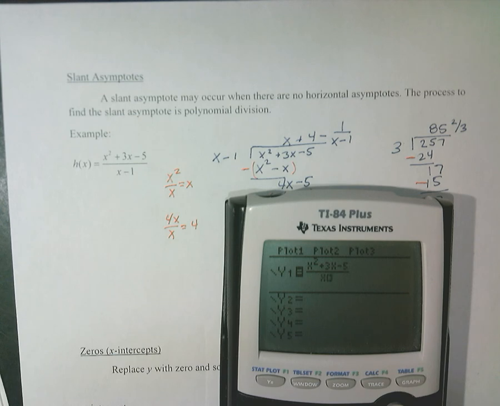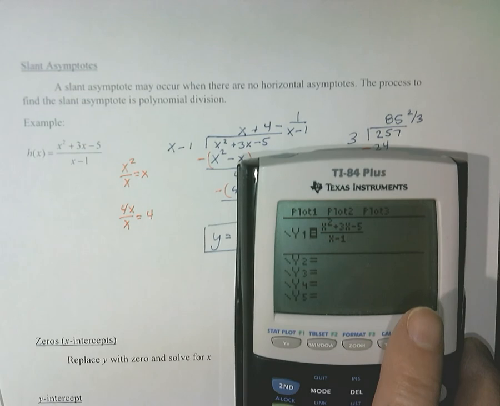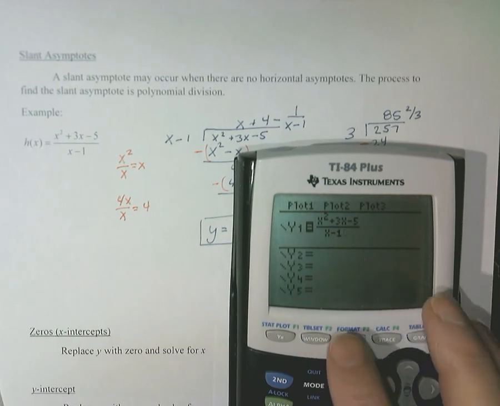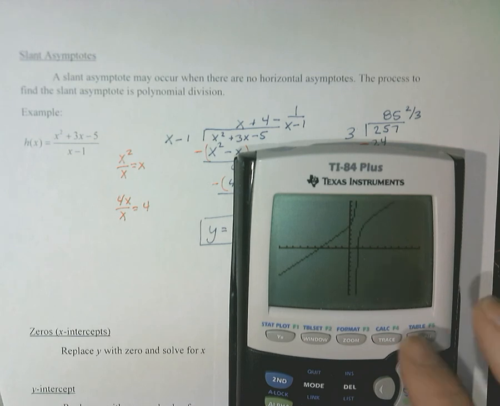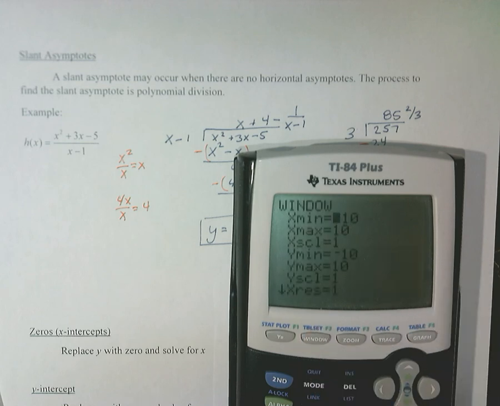What's important about an asymptote is what the function is approaching at the far ends. So if I graph this, let's just look at a regular window. It's kind of hard to see, but if I zoom out a little bit, let's change this to negative 50.